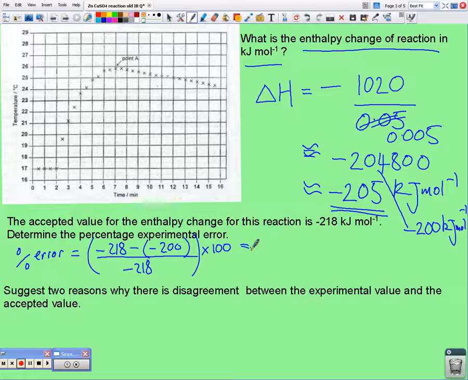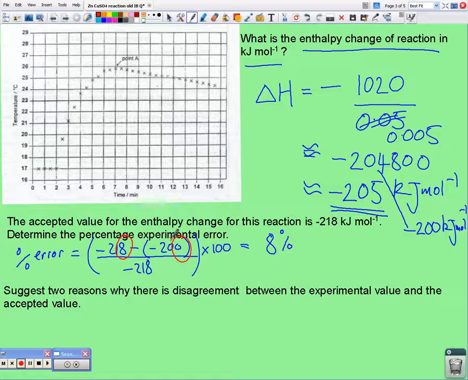So we've got 218 subtract 200 divided by 218 multiplied by 100, and we get about 8%. I'm just leaving one significant figure because I shouldn't be giving decimal places, because the values I've given here and here don't have any decimal places. So we can only stick to the same number of decimal places that they have, none, because we're adding or subtracting.